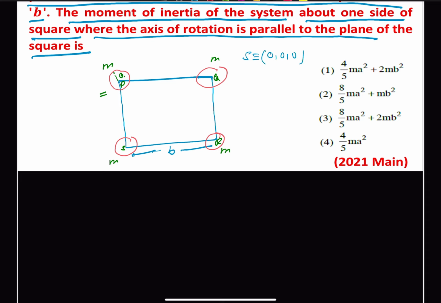Then R is B, 0, 0. Q is B, B, 0, and then we come to P, and P will be 0, B, 0.